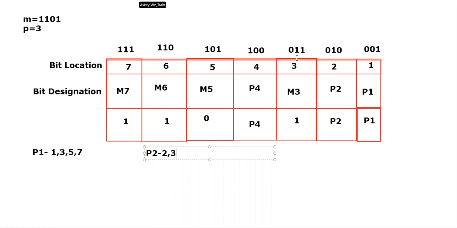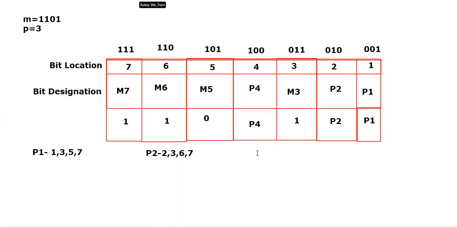So 3 has a bit value as 1 here. 4 in the second position does not have the bit value as 1. 5 does not have. 6 and 7 both have a bit value 1 in the second position. So 2, 3, 6, 7.